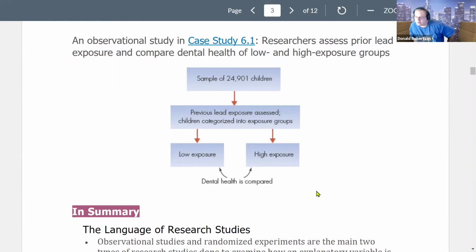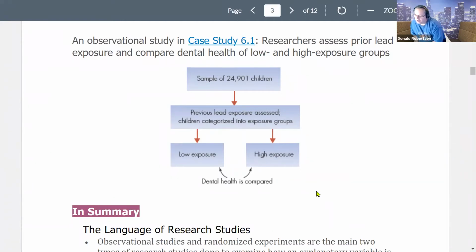It also affects how quickly, if a child is exposed to a lot of lead, they tend to be smaller. They don't grow as tall. Evidently, their teeth are probably just as bad, right? So they discovered all these things, and they did it by an observational study. A case study is just a fancy name for a particular kind.